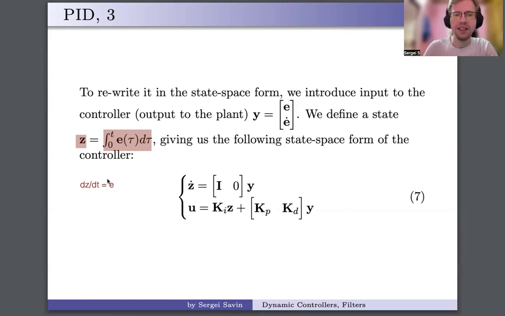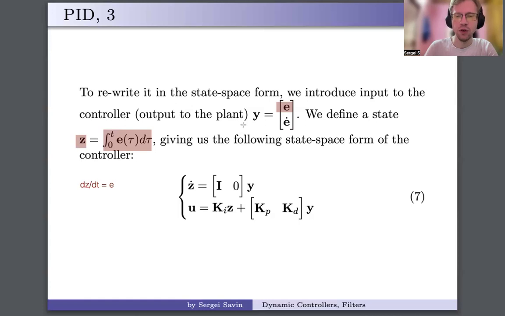I mean, strictly speaking, it will be equal to E of t minus E of 0. But let's just for simplicity say dz dt is equal to E, right? But E is our first component of the output of this y.